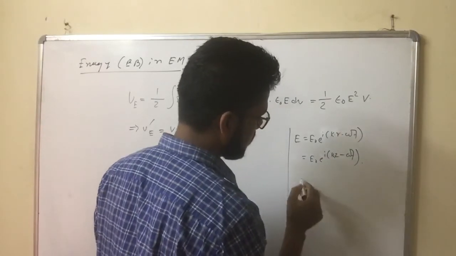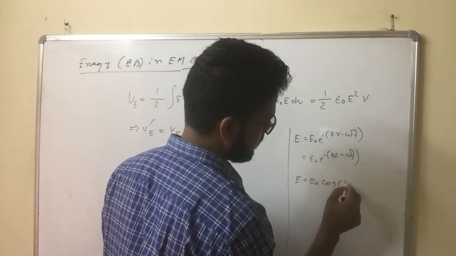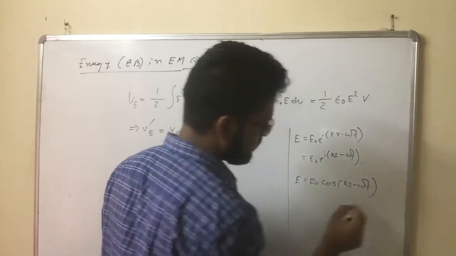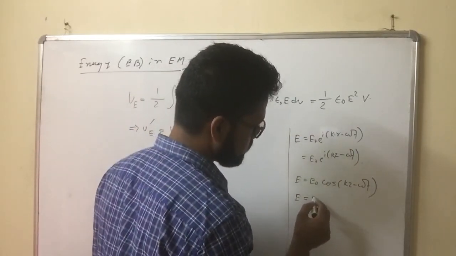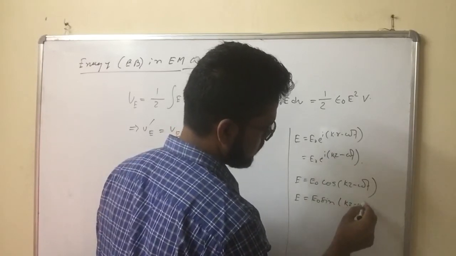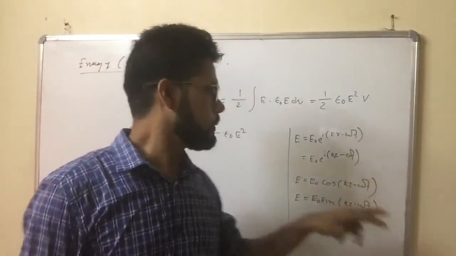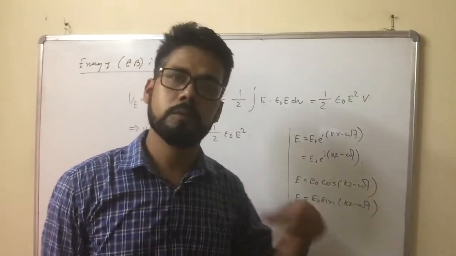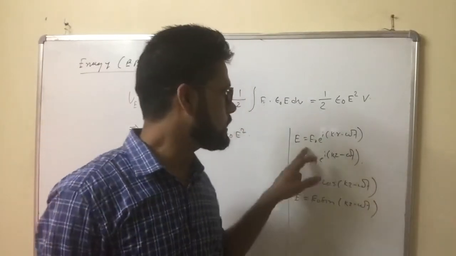Or you can express E equal to E naught cos(kz minus omega t), or you can take sine also, no problem: E naught sin(kz minus omega t). If you take cos, you will get the same answer; if you take sine, you will get the same answer. This is the phasor form.